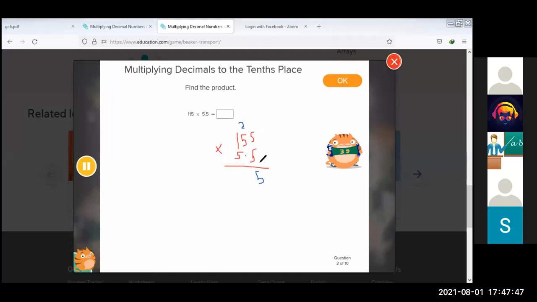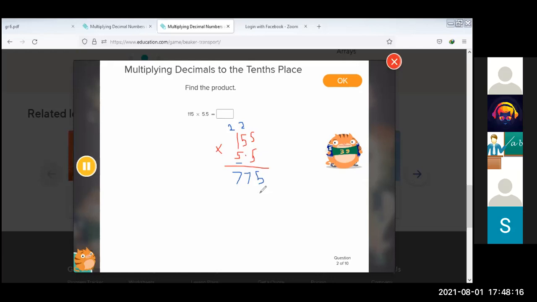5. 1 times 5 equals 5. 5 and 2 equals 7. Now go to the next digit. 5 times 5 is 25.